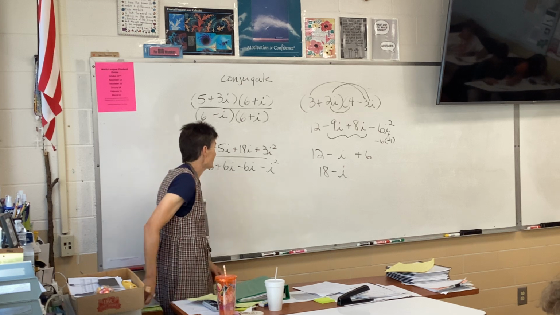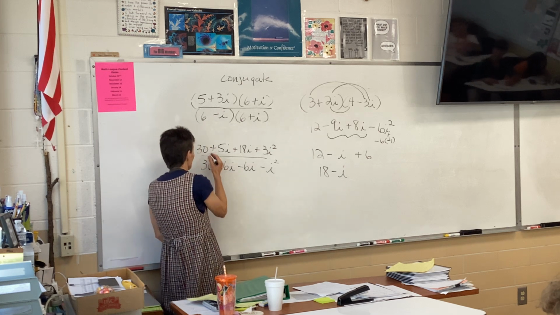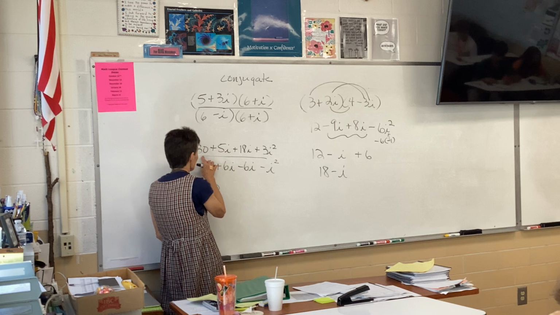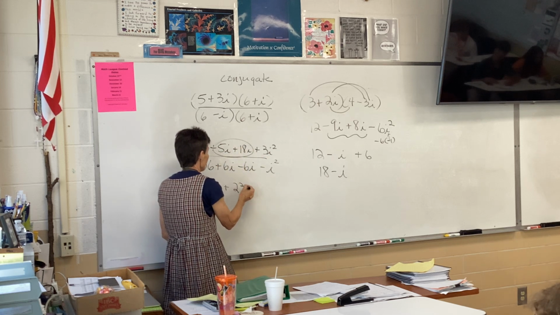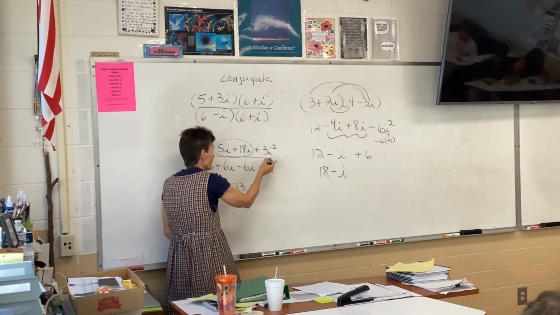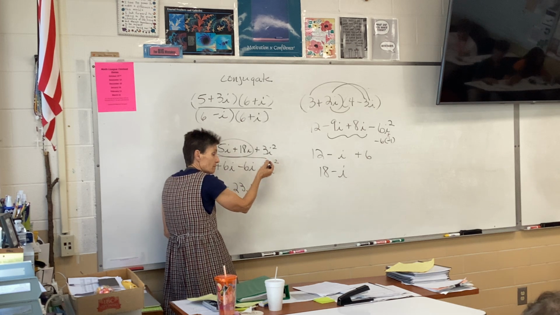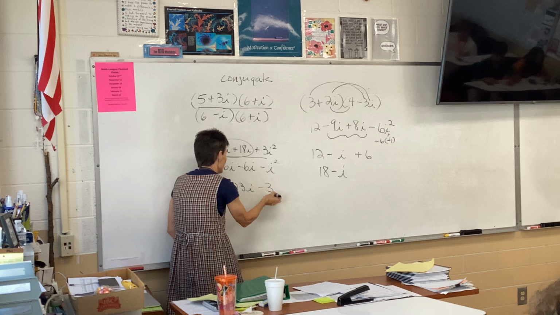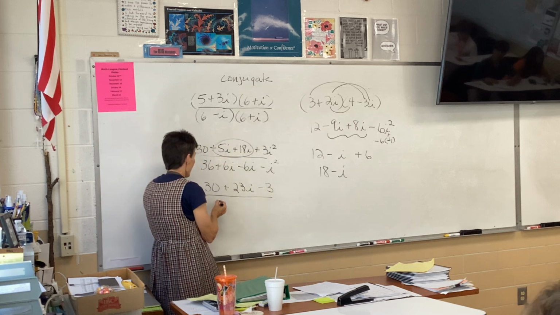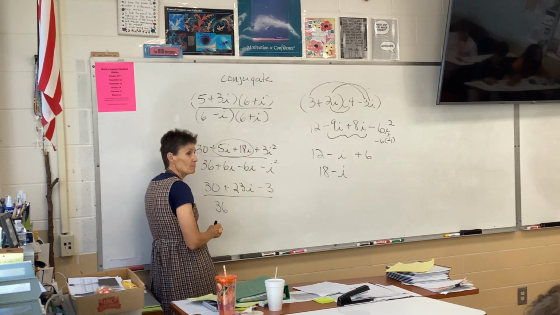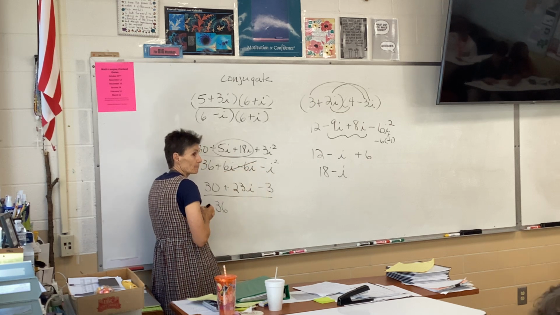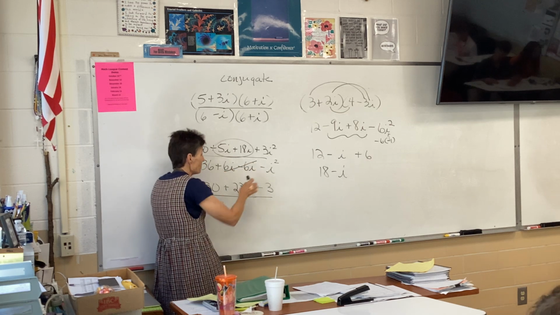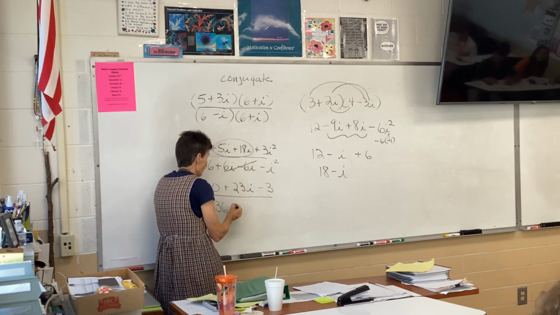All right, let's combine like terms. Here we go. This is going to be 30 plus 23i. Now, what happens to the 3i squared? Negative 3. Good. And then look what happens on the bottom. This is why you did this. See how those cancel? And that becomes plus 1.